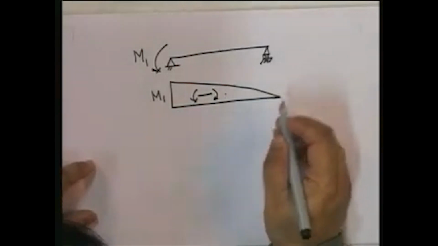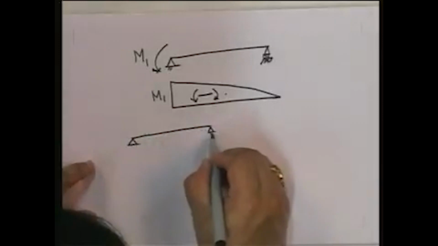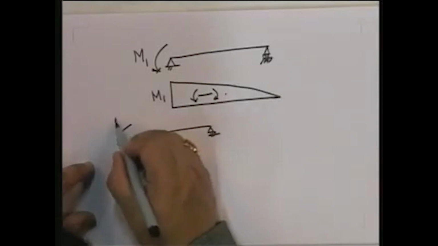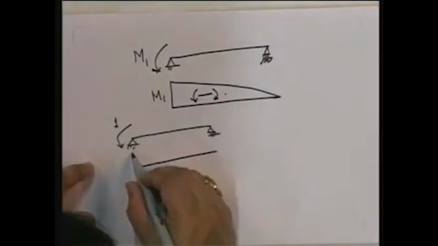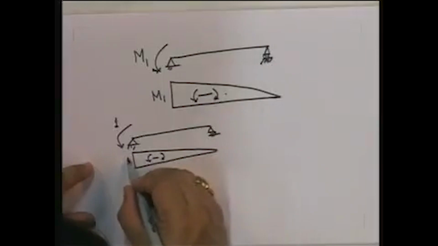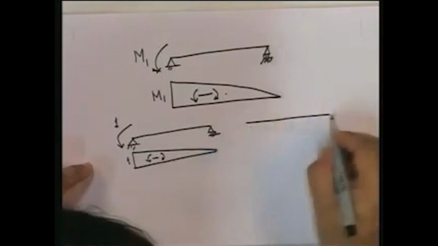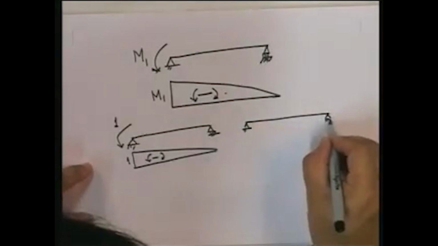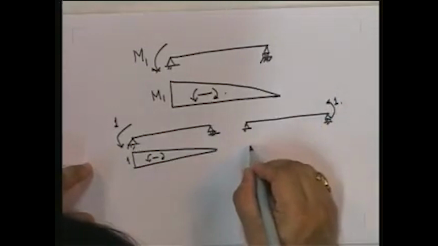Okay. Next, I want to find out the rotation at this point. What do I do? I apply a unit virtual load. Okay. If I apply a unit virtual load, what do I get? I'll get again a linear 1. And if I want to find out this rotation, what do I do? I apply a moment here corresponding to the rotation and draw the bending moment diagram.